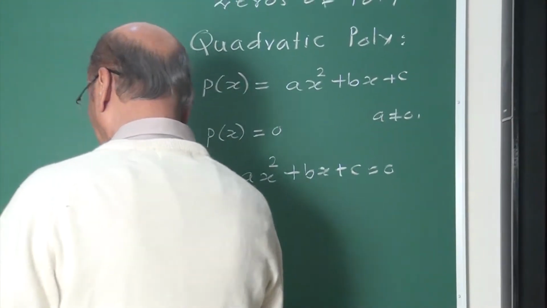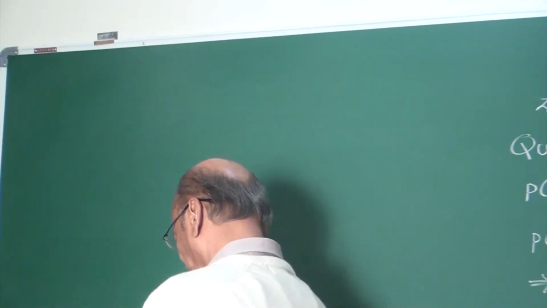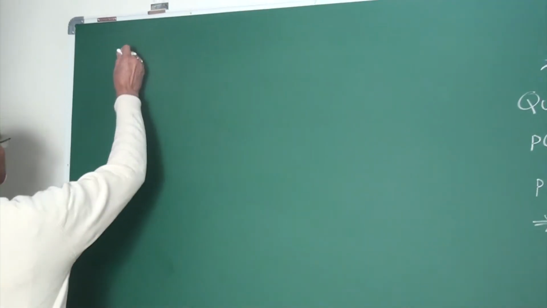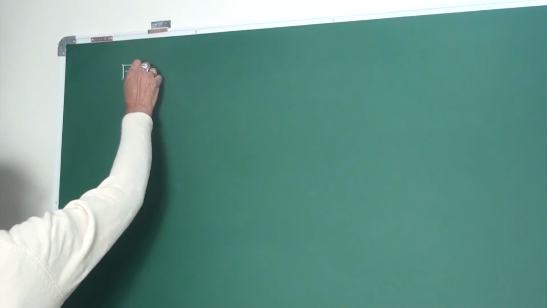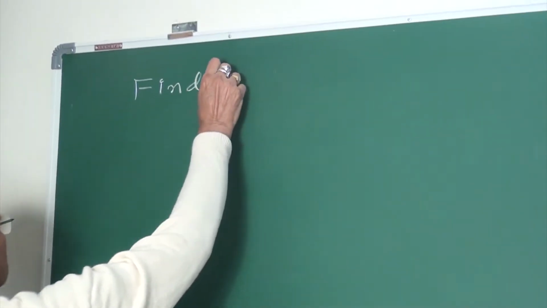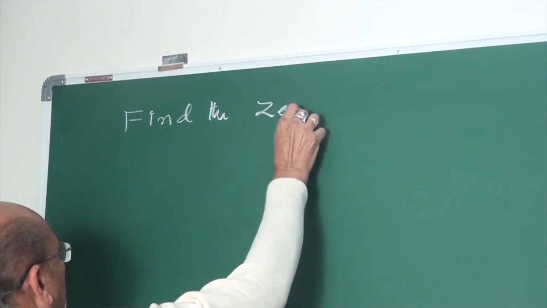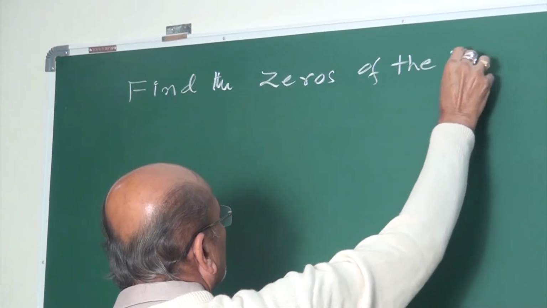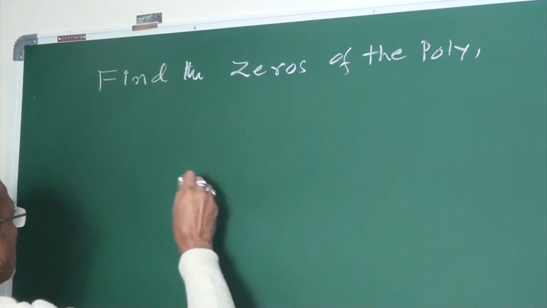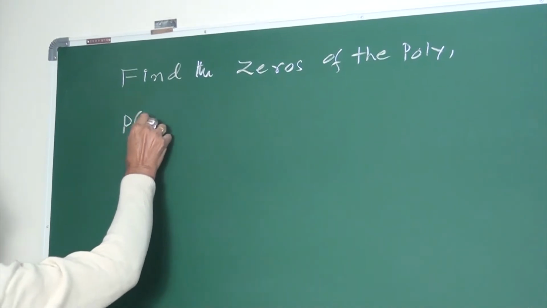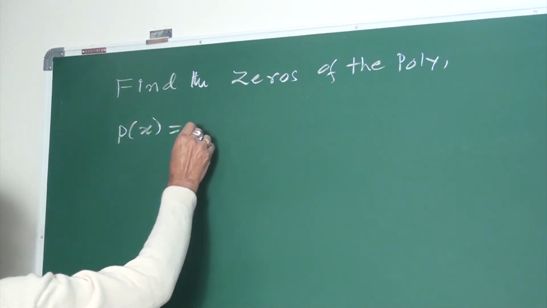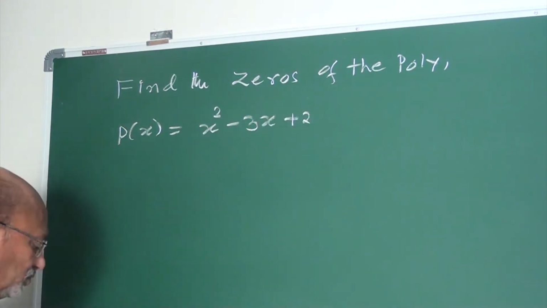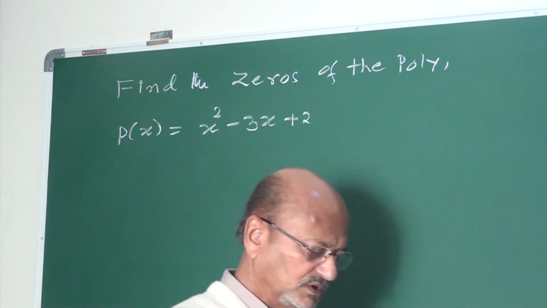First, I take a quadratic. Find the zeros of the polynomial p(x) equal to x square minus 3x plus 2. x square minus 3x plus 2.